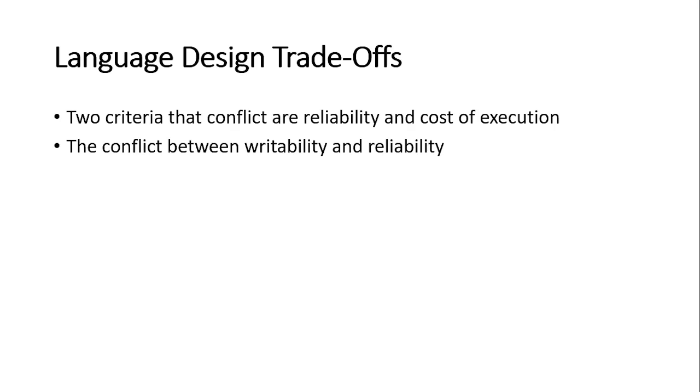C does not have this index checking, so C programs execute faster than some semantically equivalent Java programs, but Java programs have this index checking, so that actually increases the cost of execution. And the designers of Java traded execution efficiency for reliability.